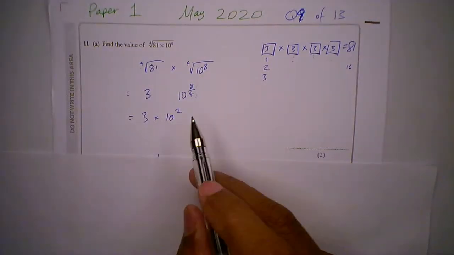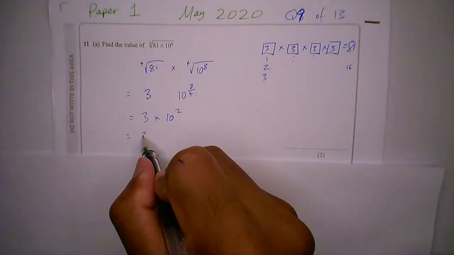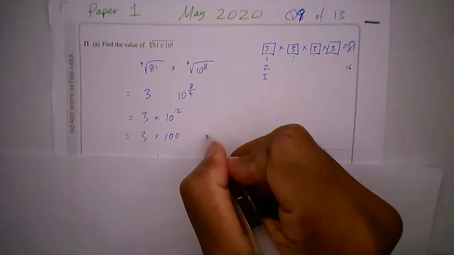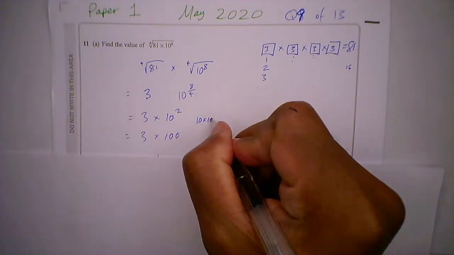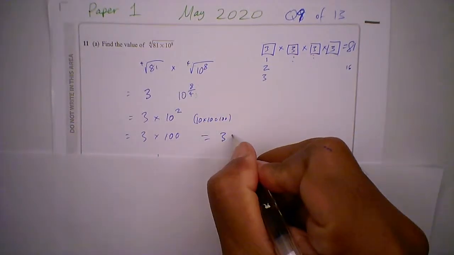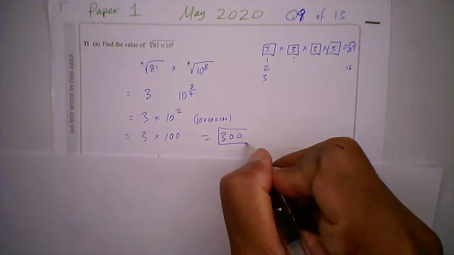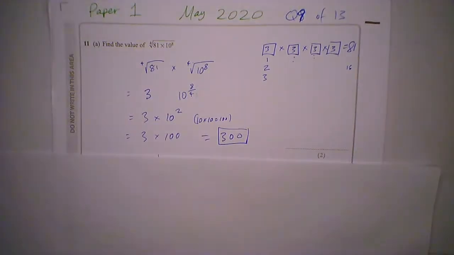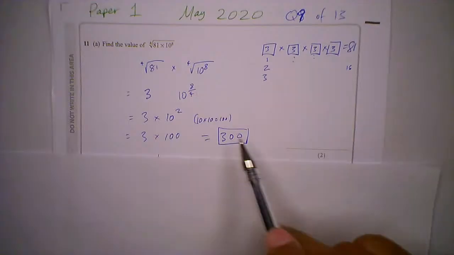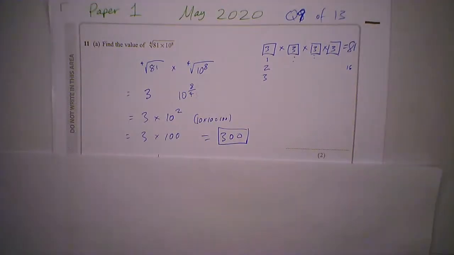So this is 3 times 100. 10 times 10 is 100. And so we have 300. Okay, so that's how I've gone through it, but you can hopefully do this in your head much faster. Nice 2 marks there.